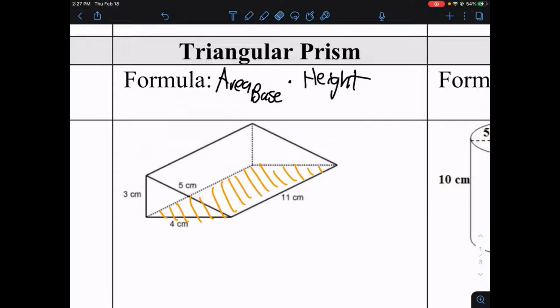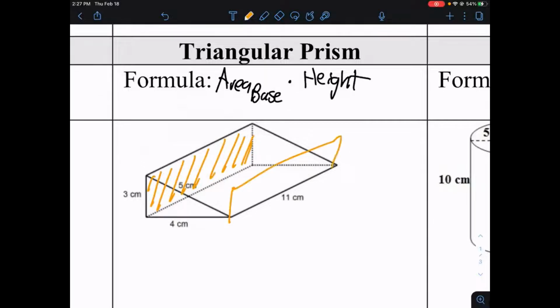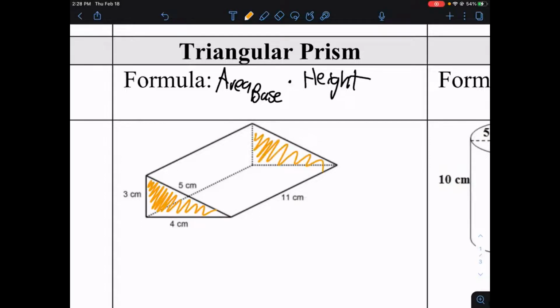So you can't choose the bottom because it doesn't have an opposite pair. And you can't choose the rectangle on the left either because there's no rectangle over here to match up with it. So the only choice you have is to choose the front to pair up with the back, because these two are the same shape.